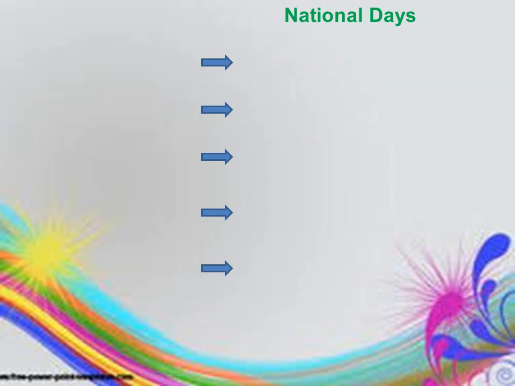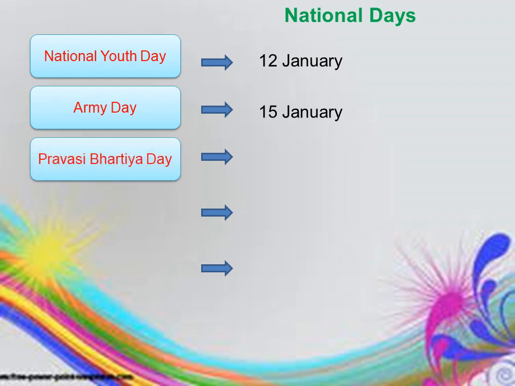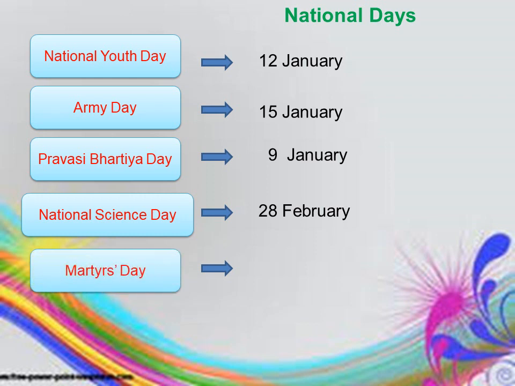Students, let's see the national days. National Youth Day falls on 12th January. Army Day falls on 15th January. Pravasi Bharatiya Day falls on 9th January. National Science Day falls on 28th February. Martyrs Day falls on 30th January.